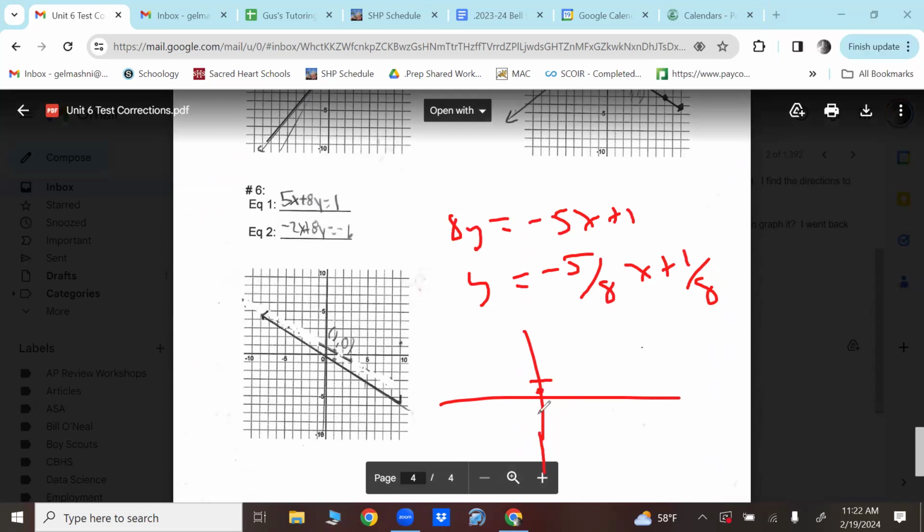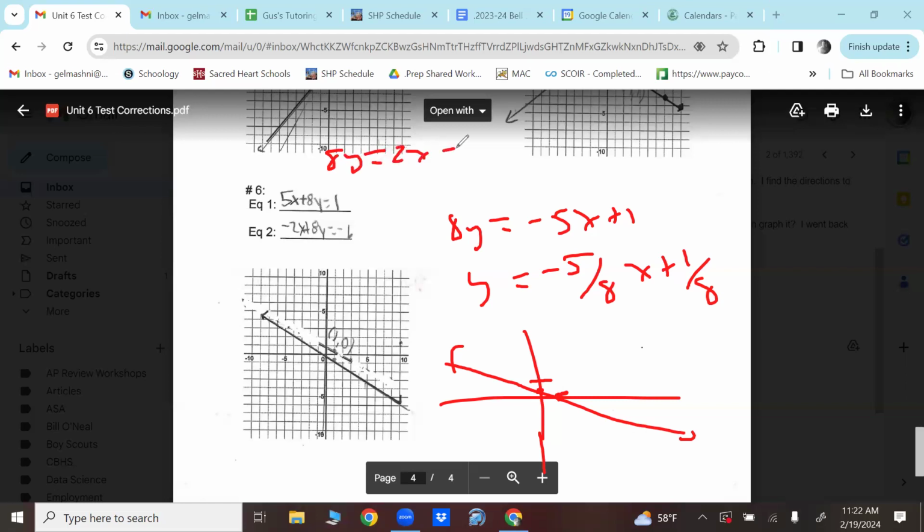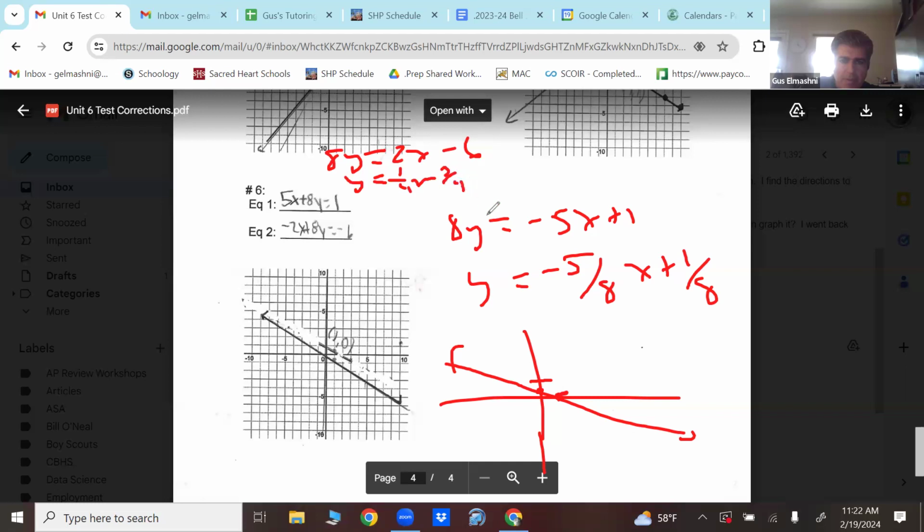It's probably something like this. We know it's touching over here. And the other one, 1/4 x minus 3/4.